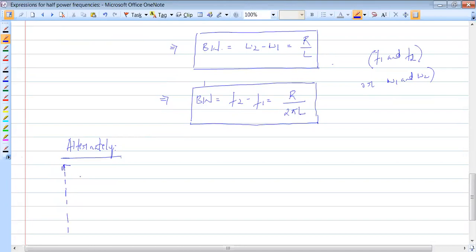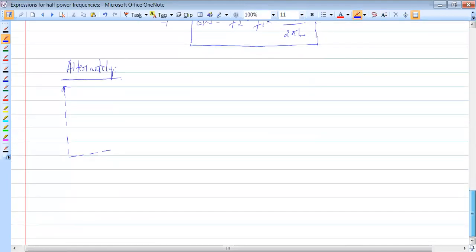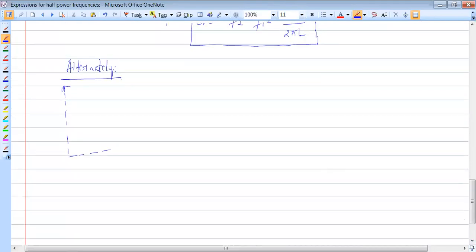This is the y-axis, it is f, and this is I. Many a time we did this.